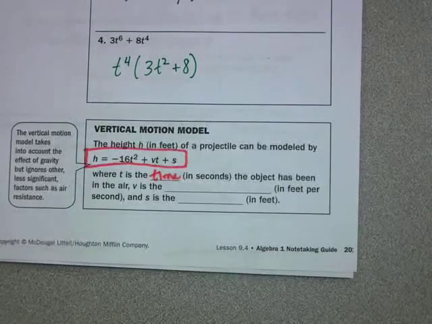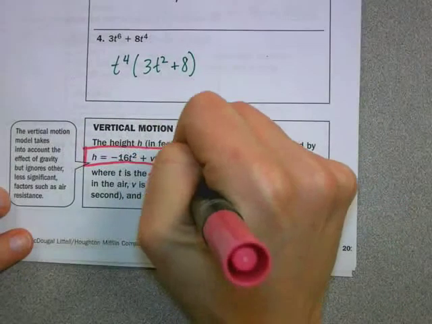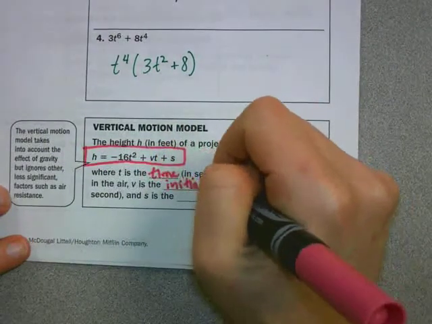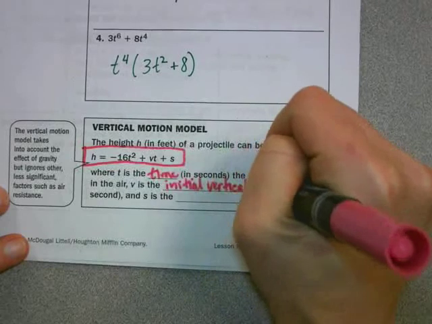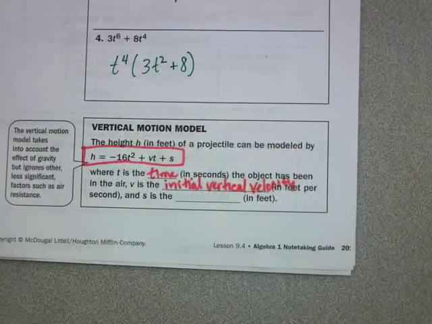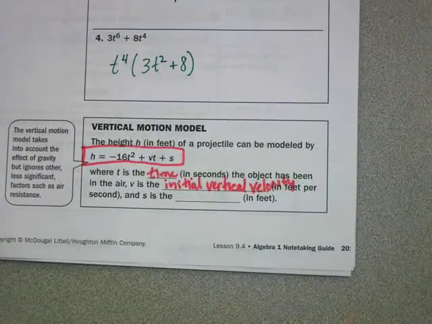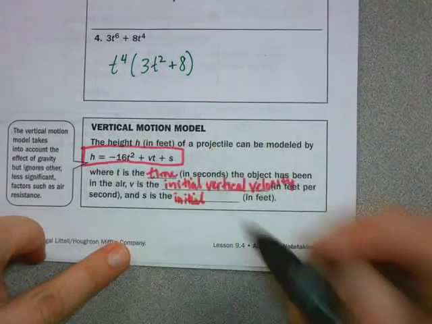V is the initial, got to get that word, initial, so the starting, initial vertical velocity, and it's in feet per second. That's the rate. And s is the initial height.